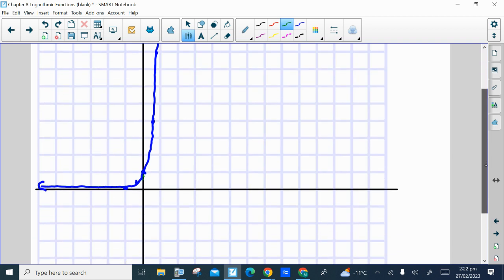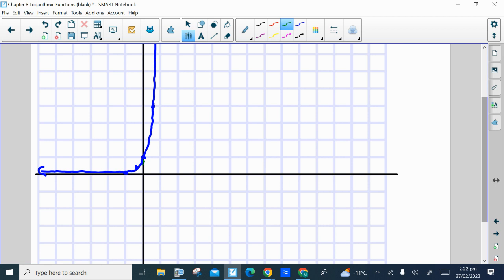Again, the first point I have in my new table is (1/10, -1), which is there approximately. (1/2, -0.3), approximately there. (1, 0). (4, 0.6). (8, 0.9). And (10, 1).